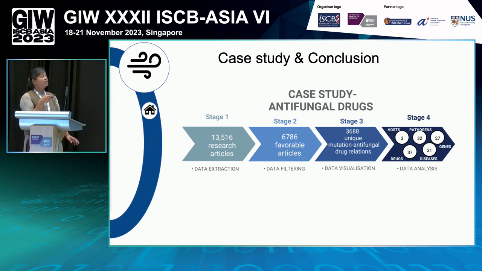And finally, through parsing, we could extract around 3688 unique mutation drug relations. The number is a little more at present. Mutation drug relations means the drug target and the mutation in it. And these are the other data points: the host, the pathogen, the genes, the drugs and the diseases.